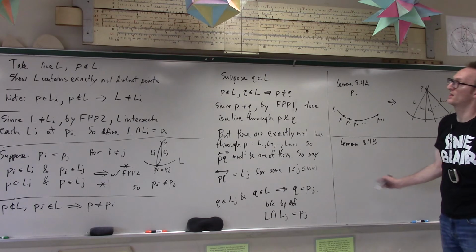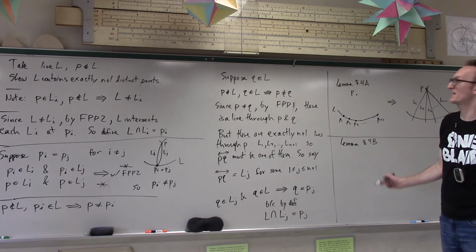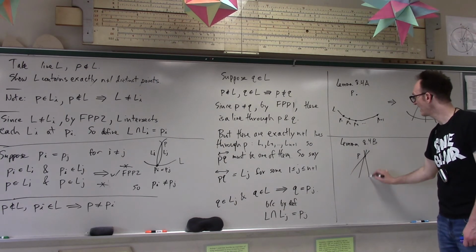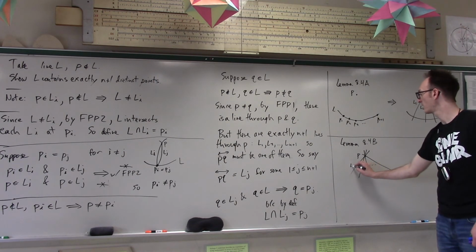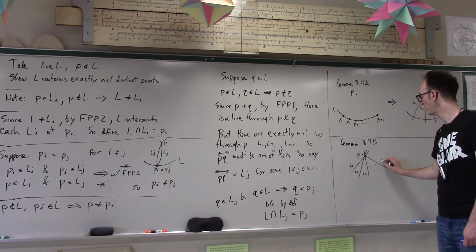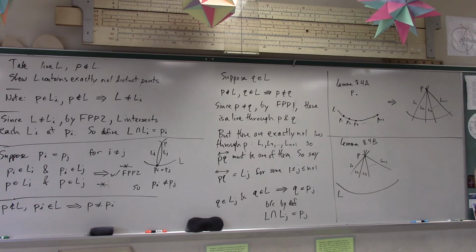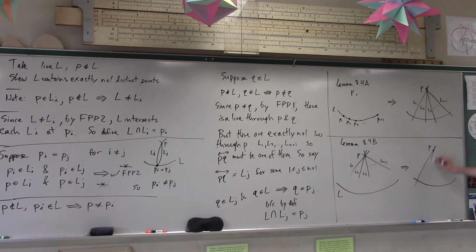We just proved it, but it says that we have some point P, and there are exactly n plus 1 lines through P. Now, if you give me a line L which P is off of, then the conclusion is that those n plus 1 lines on P meet L at n plus 1 distinct points, P1, P2, P3, and so on.